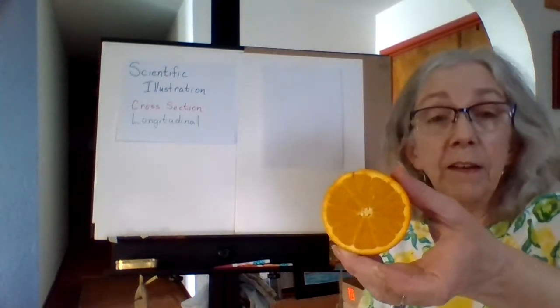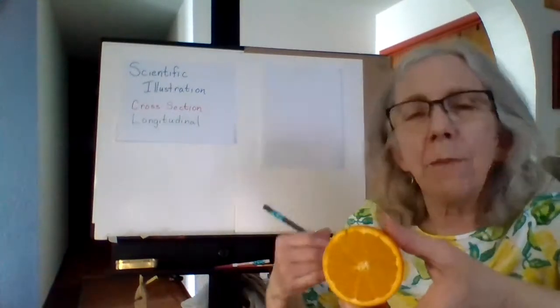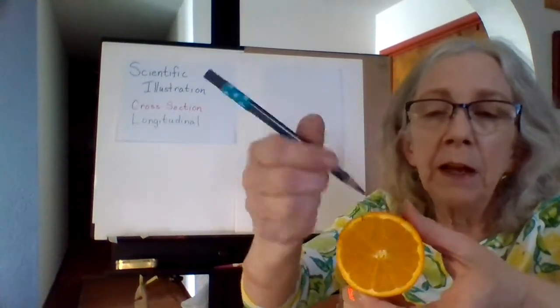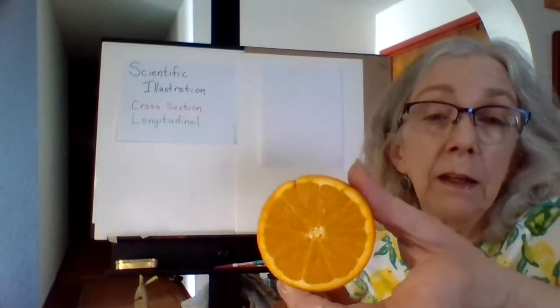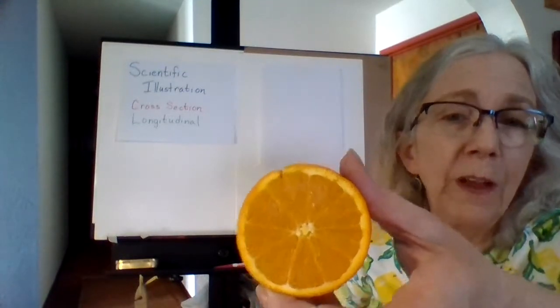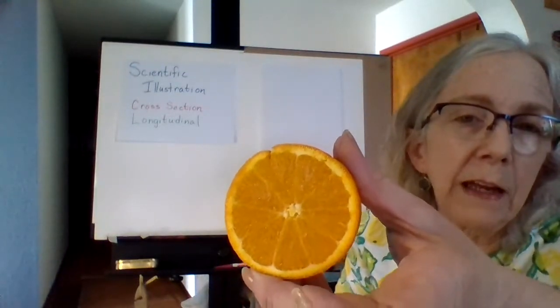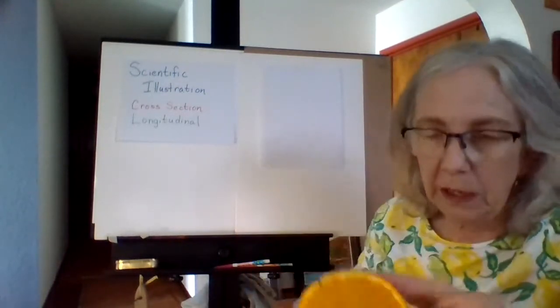To do a scientific illustration of that, when I think about an orange, I think about this section here as being nice and almost a perfect circle. And it certainly isn't, right? And I'm going to do something. I'm going to count the sections that are in this orange.